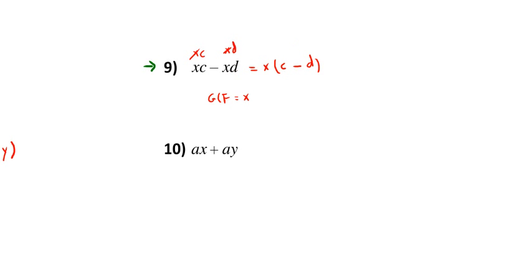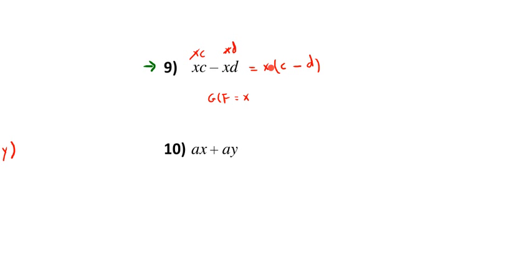So that is how we factor out the monomial GCF, or that is how we factor polynomials using the GCF. We find the GCF between the 2 or 3 terms of the polynomial, and then we write it outside the parentheses, and then we find what are the things that are left from these terms after you take out the GCF.